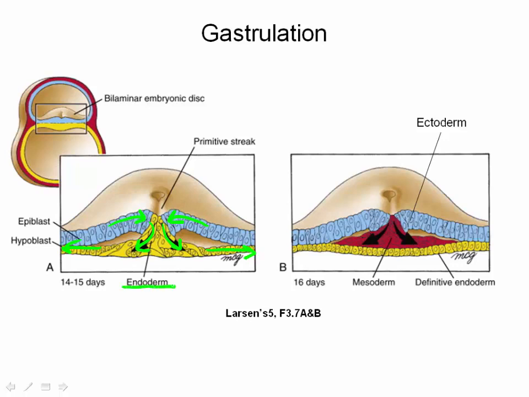Once the endoderm layer has been established, there is a second wave of ingressing epiblast cells that spread between the newly formed endoderm and the overlying epiblast. These cells form the mesoderm.